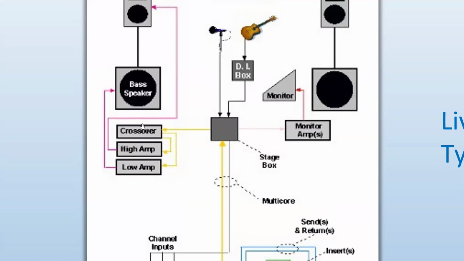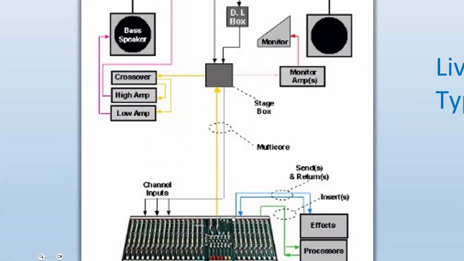So we need to put those amplifiers somewhere at the backstage or maybe under the lip of the stage. But we need to bring the signal from the mixing board to the amplifier. Thus we have those returns.